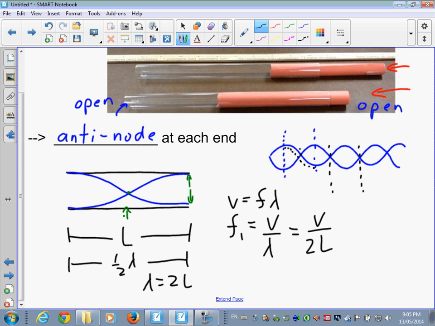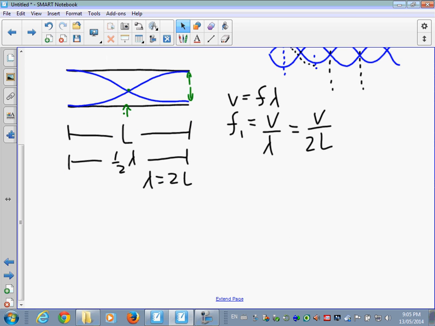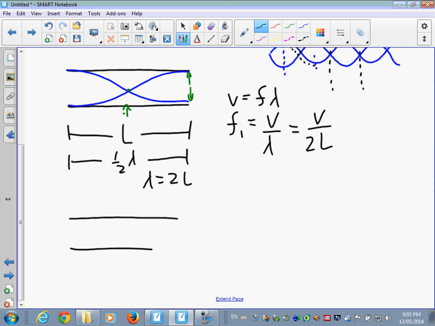Because of that, we're going to get the same patterns as we got before with strings. So the next simplest standing wave inside that particular length of tubing would look something like this. There would be 2 nodes in there.